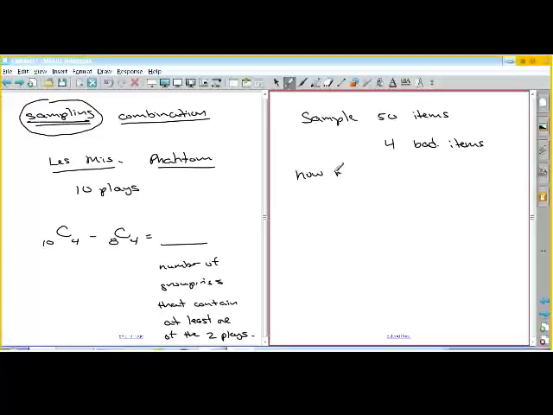How many samples that you take of the total possible have at least one bad item, defective item? Let's say you take 8, you sample 8 out of the 50 items.